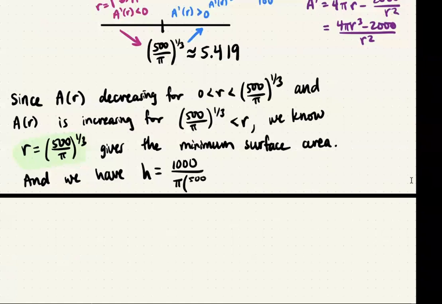Well, r was 500 over pi to the 1/3, squared gives us to the 2/3. So this is 1,000 over pi times 500 over pi to the 2/3.